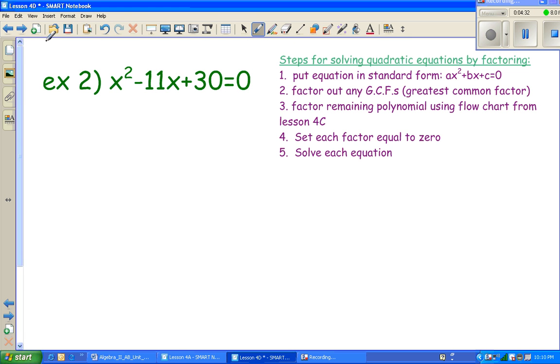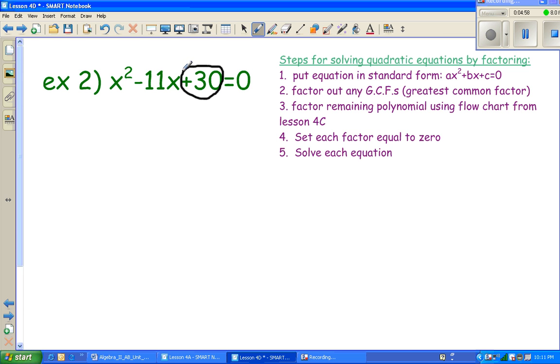Let's try another one. Here, we're in standard form. Ax squared plus bx plus c is equal to 0. There's not any greatest common factors. So I'm going to go and find my factors. I need 2 things that multiply to give me positive 30 that add together and give me negative 11.